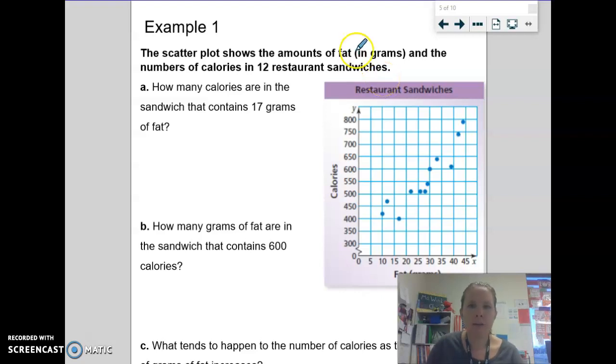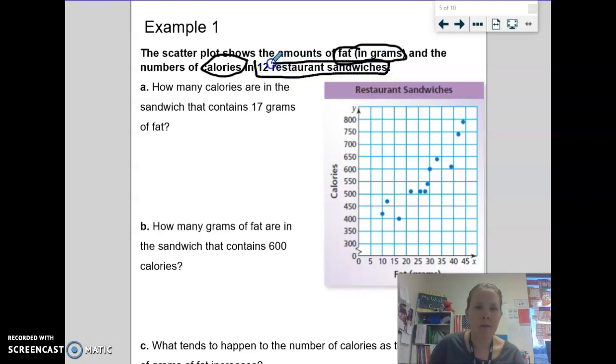So in this case, you're looking at the amount of fat in grams and you're looking at the calories as well. Okay, and here's the part that you're really measuring. You're looking at 12 different restaurant sandwiches. So this 12 means you're going to have 12 different data spots. So if you want to double check, you should have 12 dots here, okay?